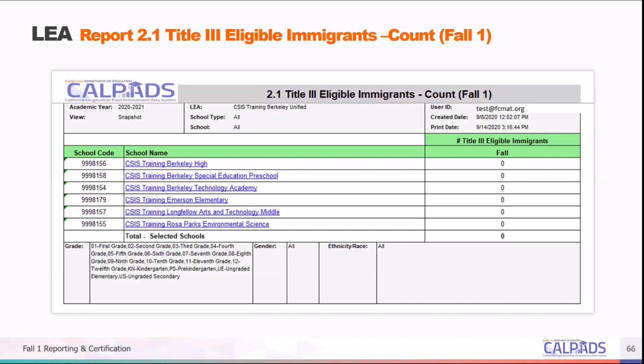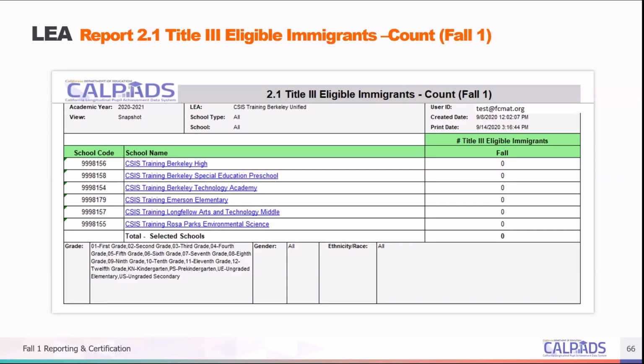If they've been enrolled less than 3 cumulative years, and that is indicated by you, they're going to be an eligible immigrant. It's not a calculation in CalPADS. It's an indication. So those students that are eligible because they've been enrolled less than 3 cumulative years should have a Y. Those students that are not eligible should have the indication removed. So that's something that you have to update for these students.